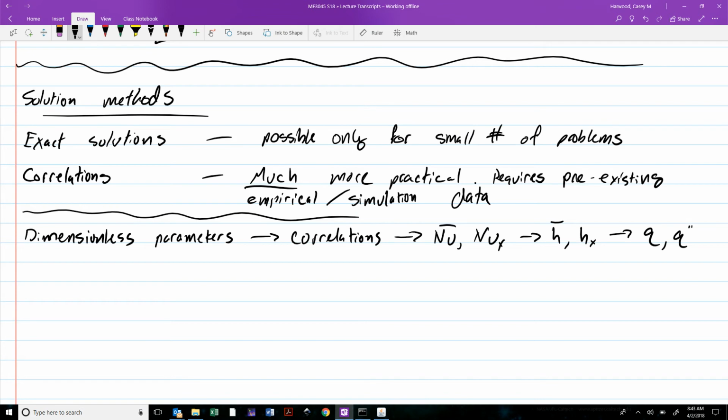So that is the general arc that we followed for everything that is an external flow.